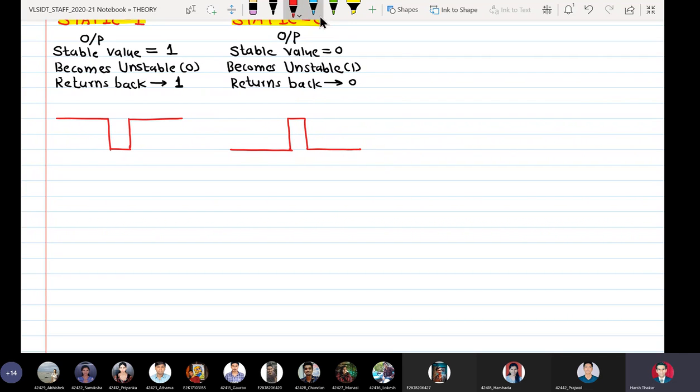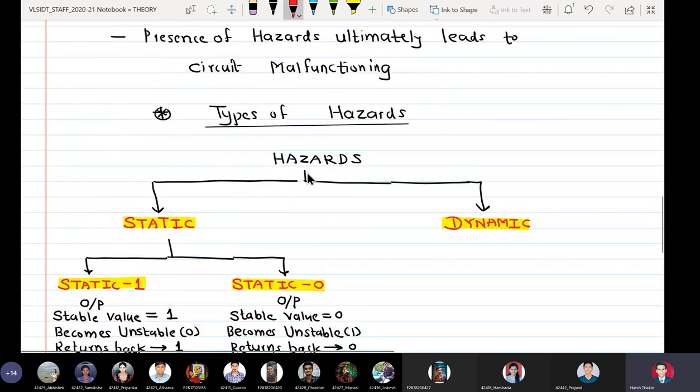So we can say 1 0 1, 0 1 0. And we can say this is stable state, unstable state, stable state. So we'll say S means stable, US means unstable. Okay, fine.